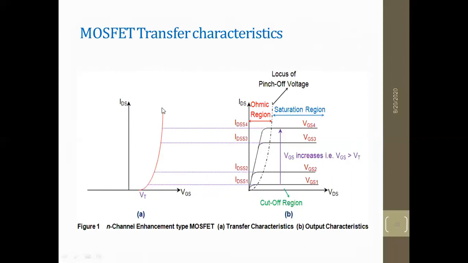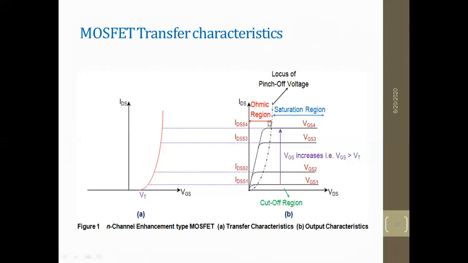In the same way, if you observe the output characteristics on the VDS and IDS values, this is nothing but the linear region. This is also called the ohmic region, the linear operation region.